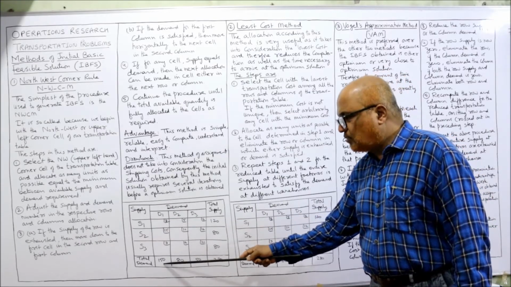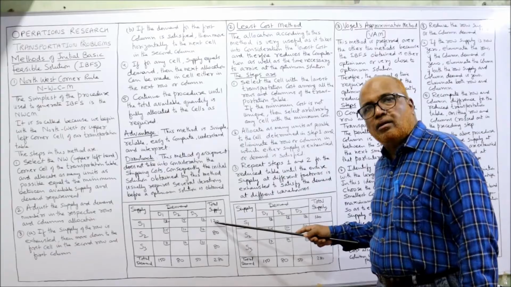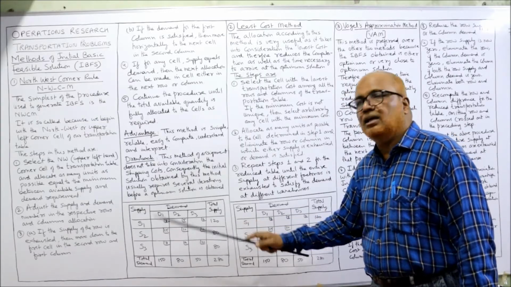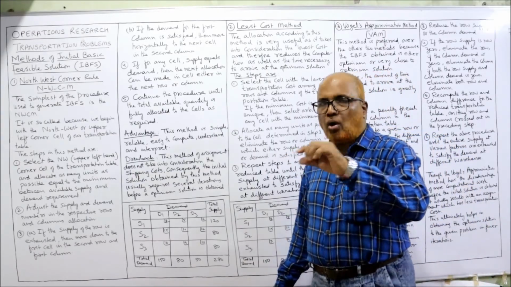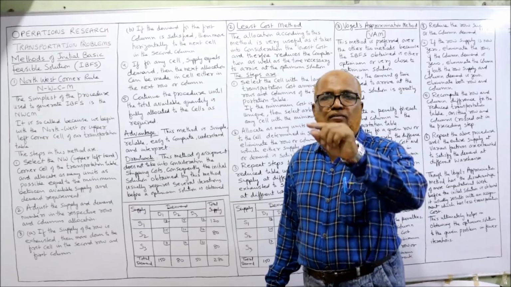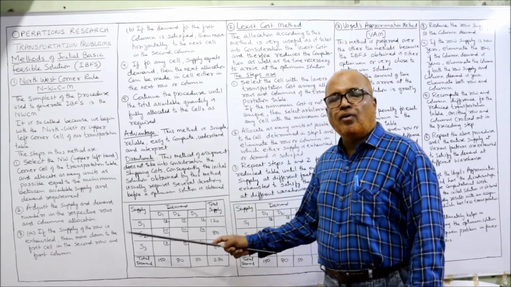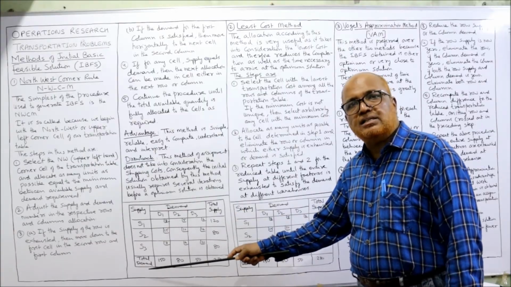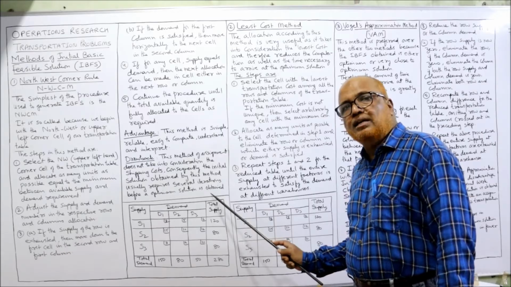The column total is 150, the row total is 120. Whichever is lower, that will be allocated in this cell, right? Then the row or column which has been exhausted, which has become zero, will be blocked, right? If a row is blocked, we come down to the next row, right? If a column is blocked, we move to the right side.